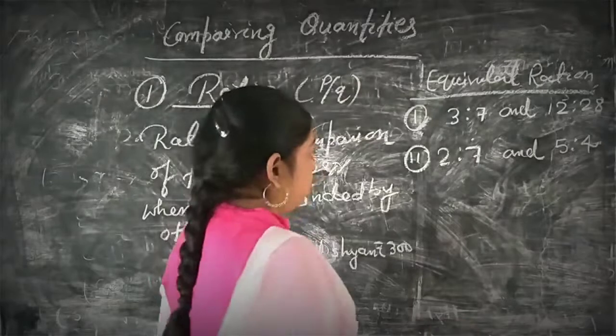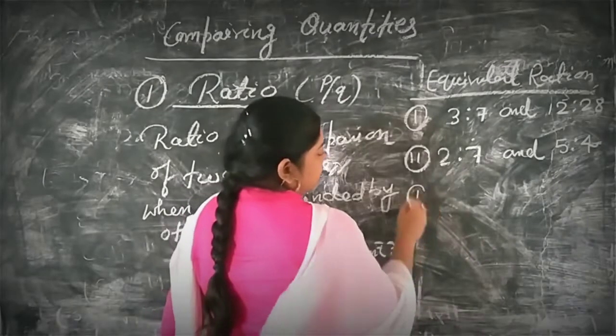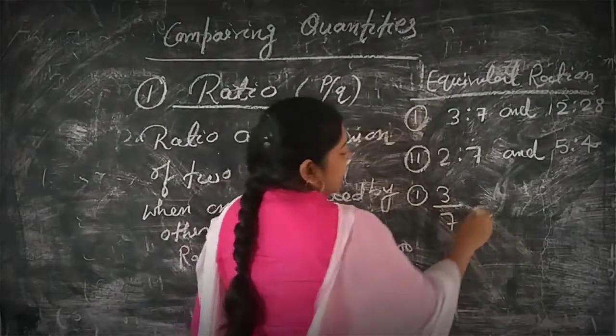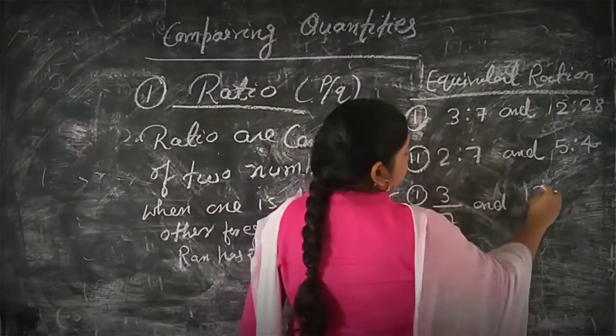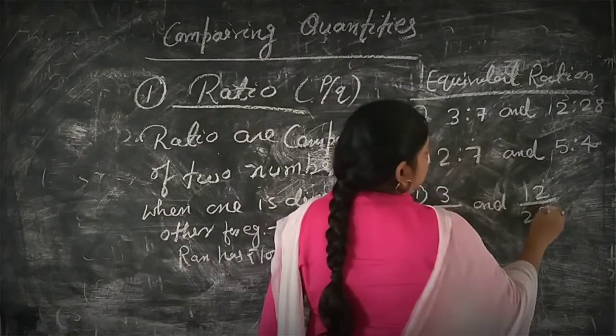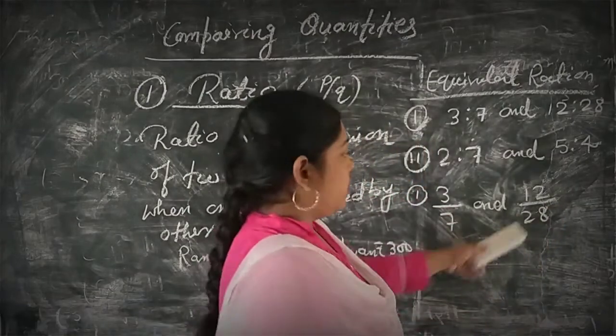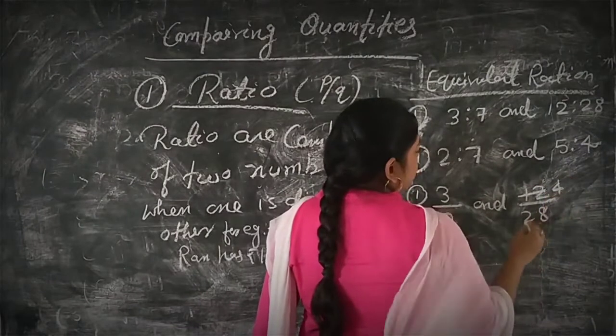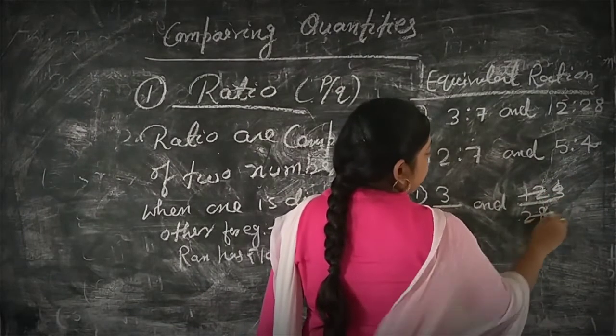We check now. The first example is 3:7. We write 3/7. And the second is 12:28. We reduce the terms: 4 threes and 4 sevens.